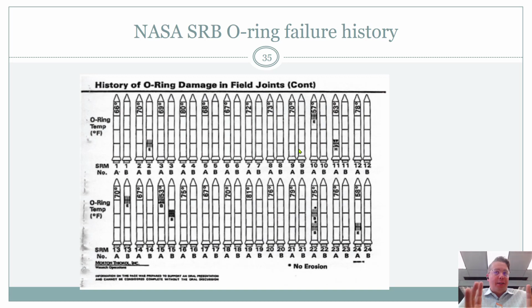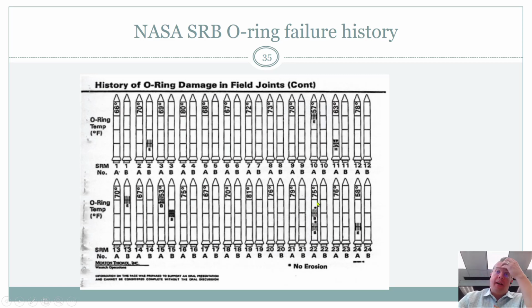There is not a clear experiential spirit for seeing the relationship between temperature and risk for launch. Okay, so you may note, oh, if I look closely enough, I can see 57 degrees, that's kind of cold, and we got something here, and 53, that's kind of cold, and we got some damage here and here. Oh, but here's 70, that's not cold, and we got damage here.